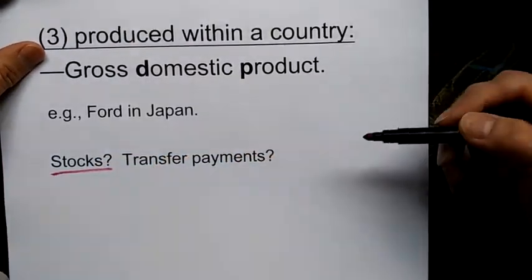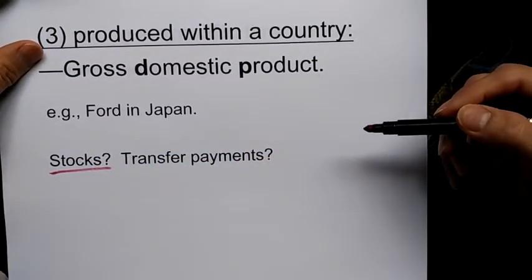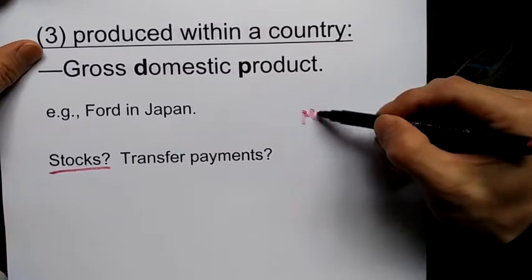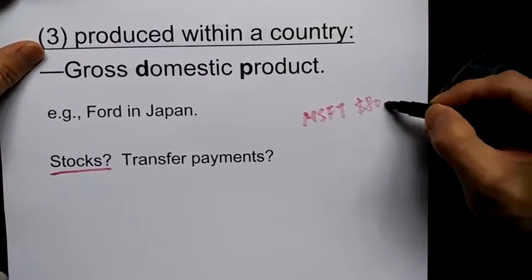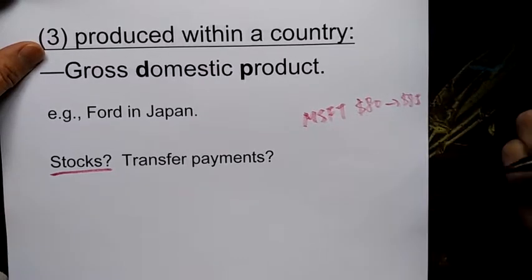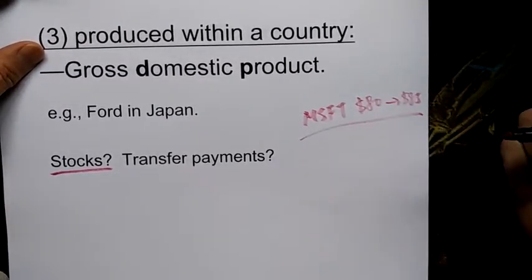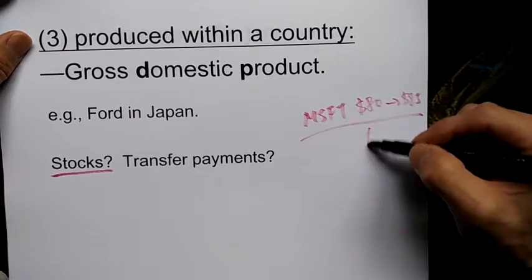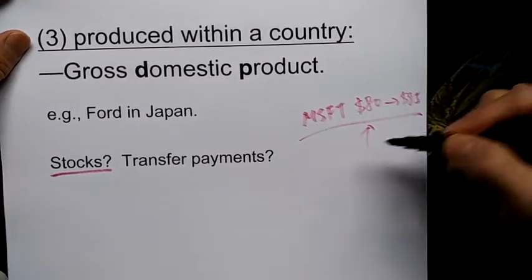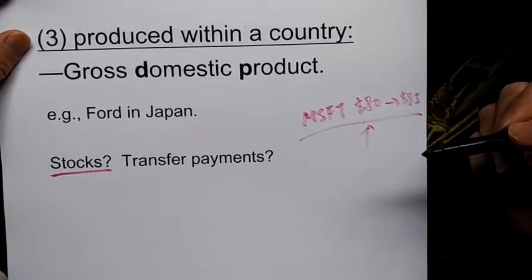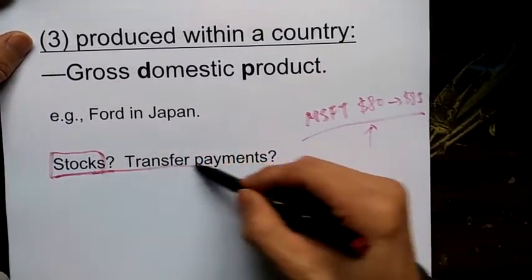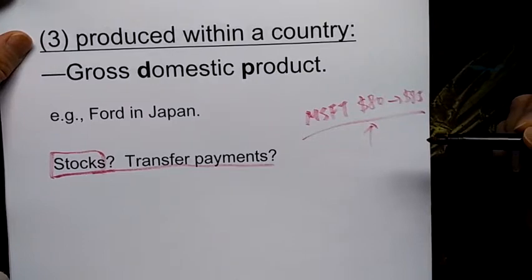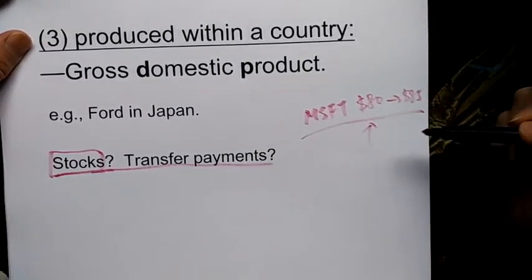How about stocks? Say Microsoft's stock price goes from $80 to $85. Does that mean our nominal GDP increases? The answer is no. Stock market fluctuation is only a movement of dollars.